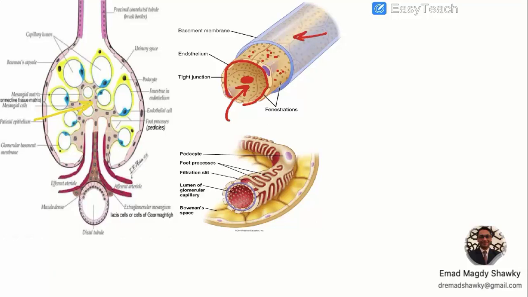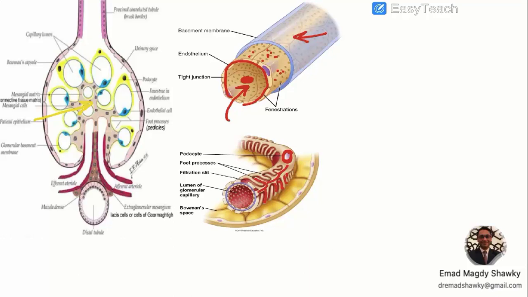This layer is the glomerular basement membrane, and this glomerular basement membrane is covered by the epithelial cells, which are called the podocytes, and the foot processes of this podocyte come over the basement membrane.